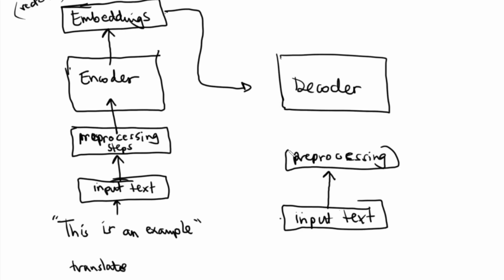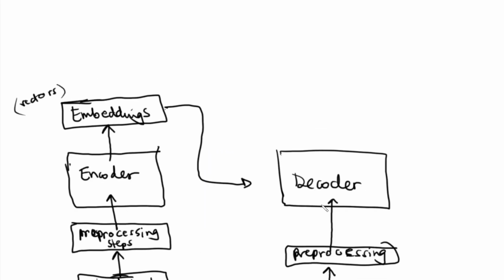This will also have its own pre-processing steps, and after being pre-processed it gets into the decoder, and the decoder generates text one word at a time. So when it gets these embeddings, it generates the translated text one word at a time.